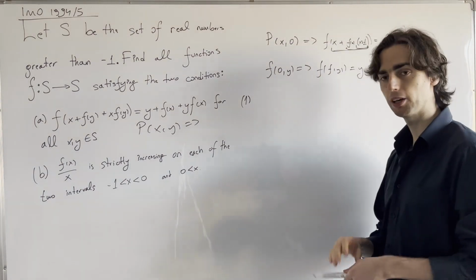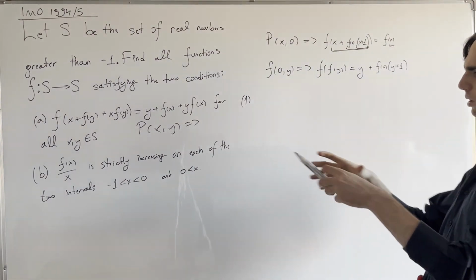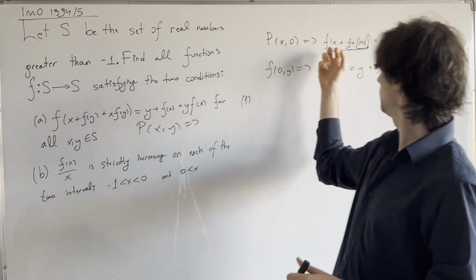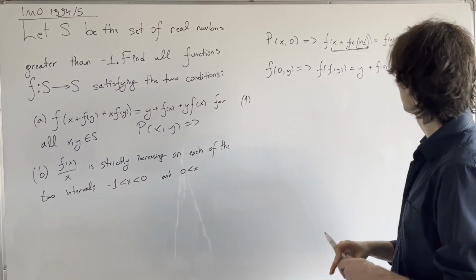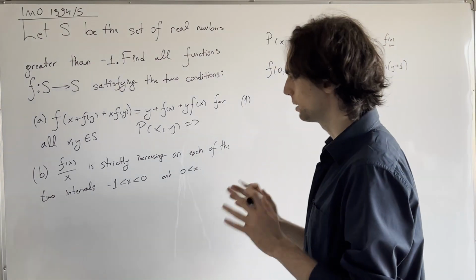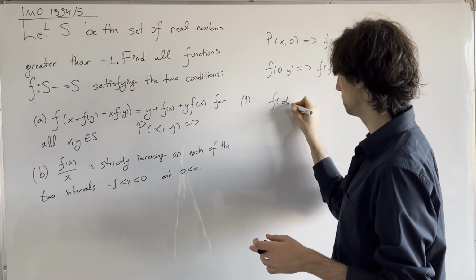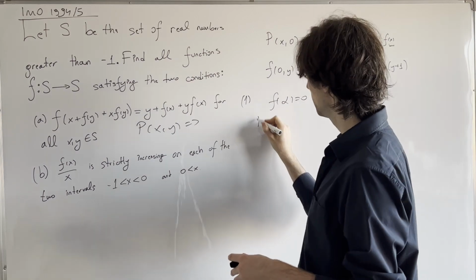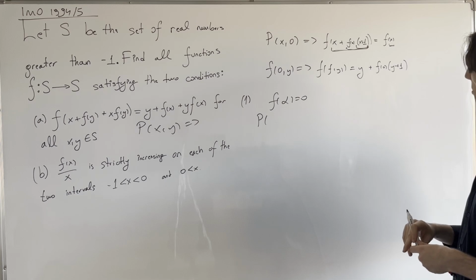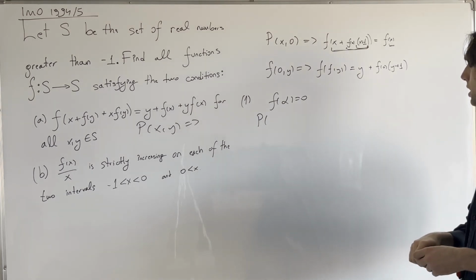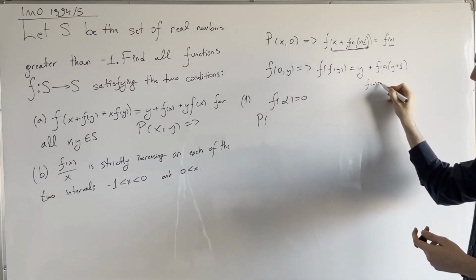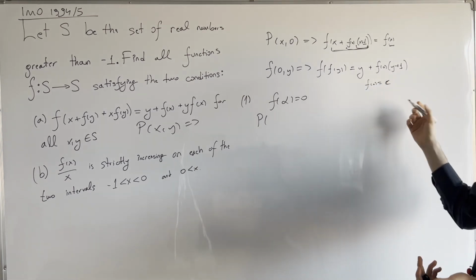And here's where I can invite you to pause for 10 minutes and see what you would do here, if there's anything else you would do. Maybe look at this strictly increasing thing. So for me, let me see, how many things can be 0? Let's say f of some alpha is equal to 0, if such an alpha exists. Maybe it does exist. Say f of 0 is equal to some constant c.